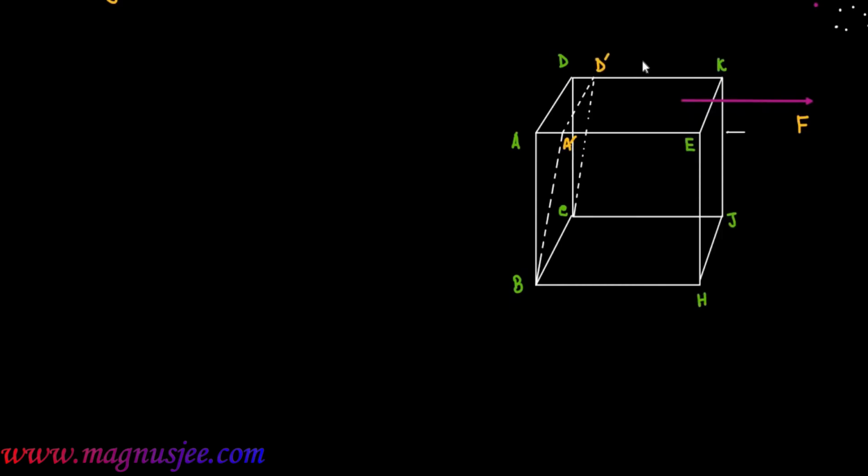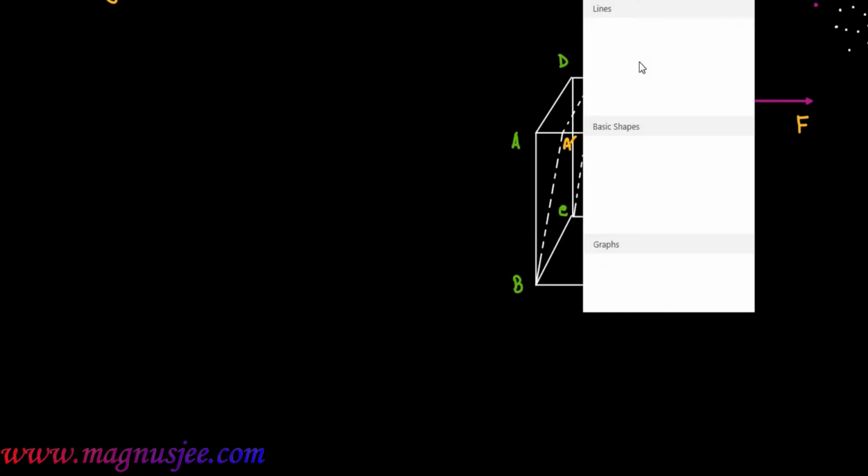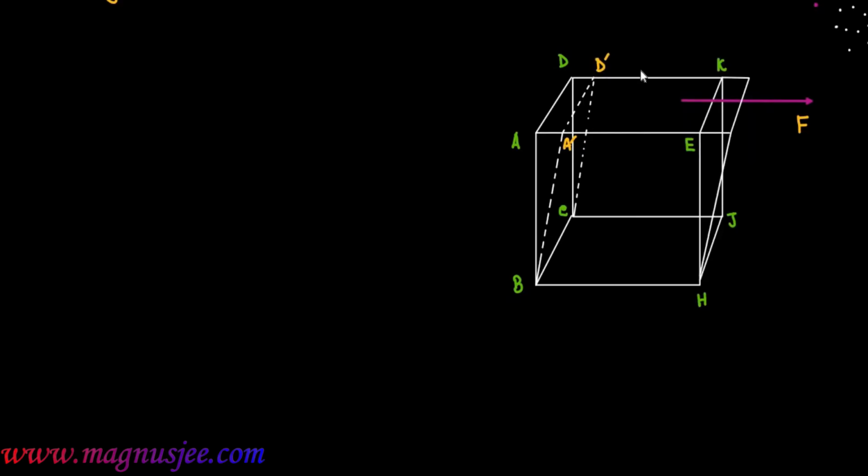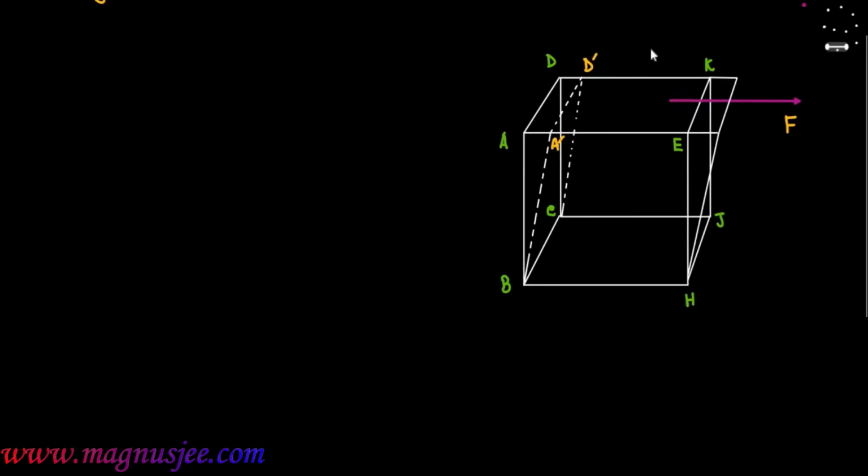Similarly, the side EK will move to this position E prime K prime, and now we can connect E prime and H. We can connect E and E prime, and K and K prime. And similarly, we can connect H and E prime, and J and K prime.